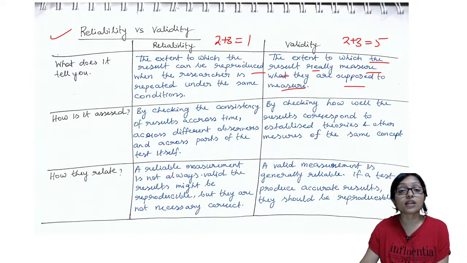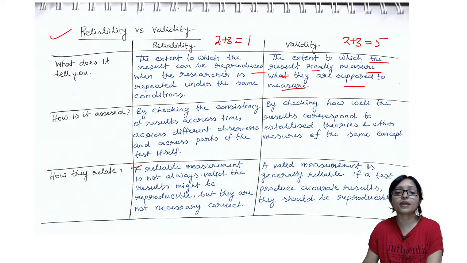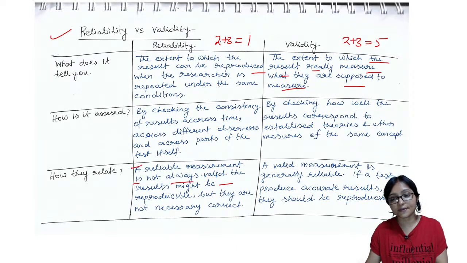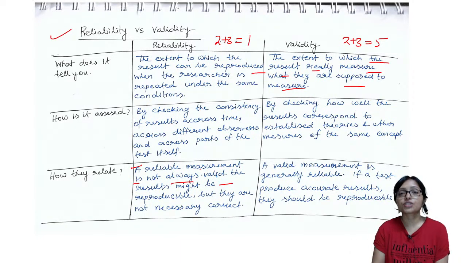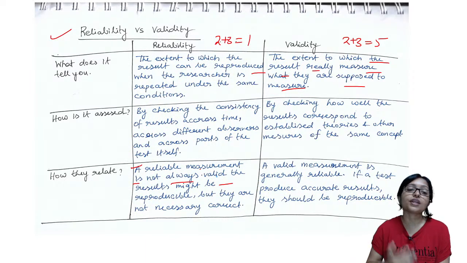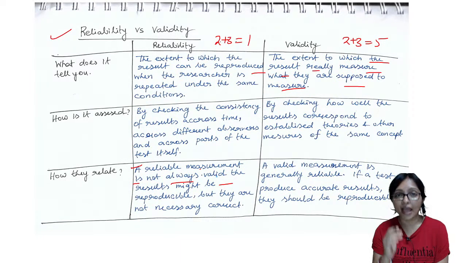That's why maybe you think it is reliable, but actually it is not valid. That's why a reliable measurement is not always valid. If your process is wrong, you will get the same result again and again, but actually it is not valid.